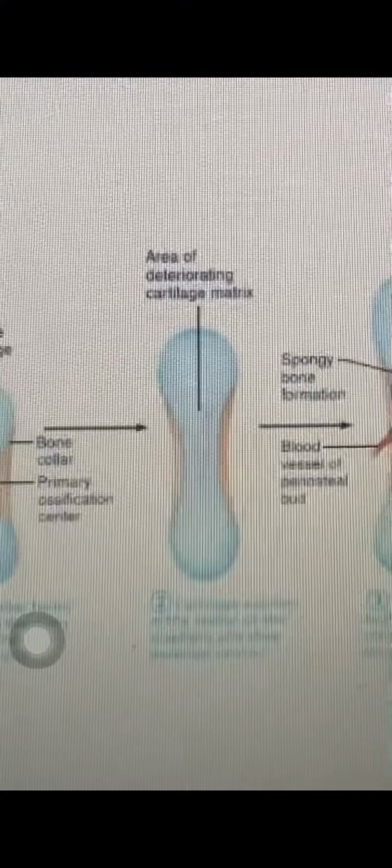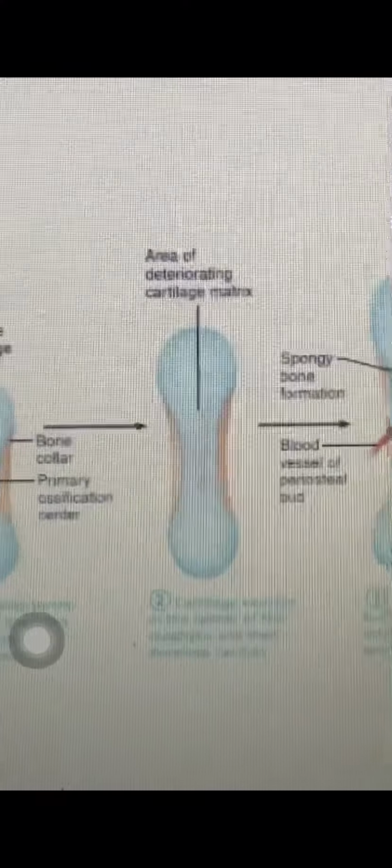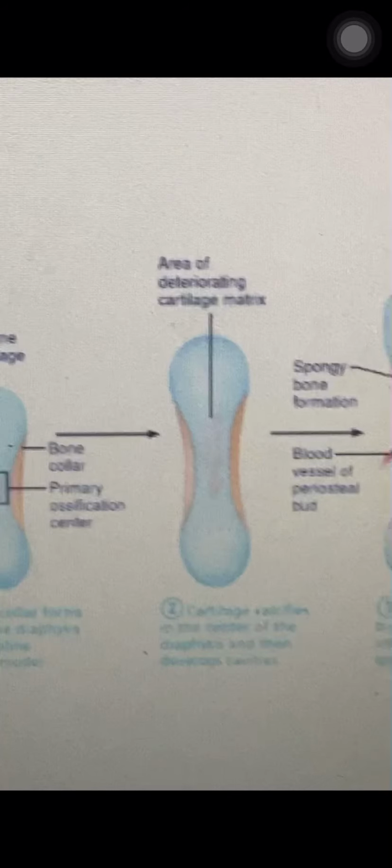Step two is the deterioration of the primary ossification center. So now there's empty space in the middle of the hyaline cartilage model. So let's say that we have an omelet in the middle of the pan. The first thing that would happen is the outline of the omelet.